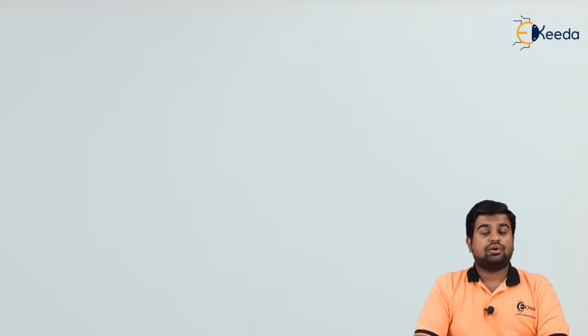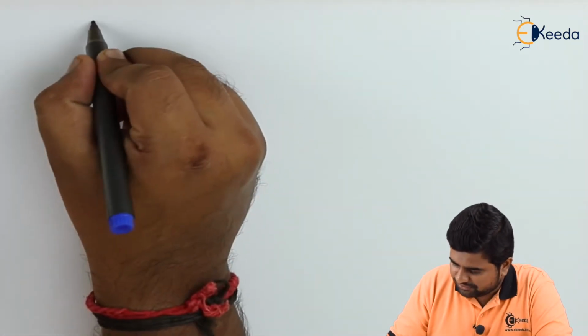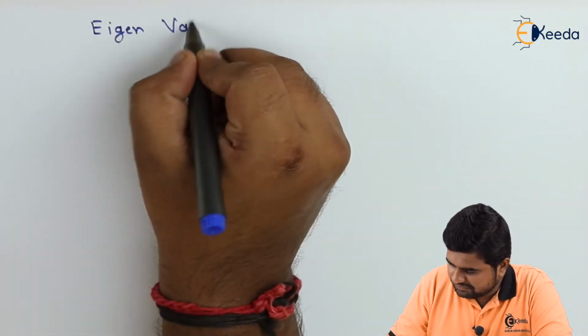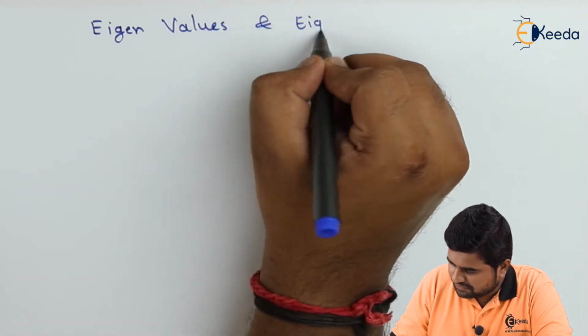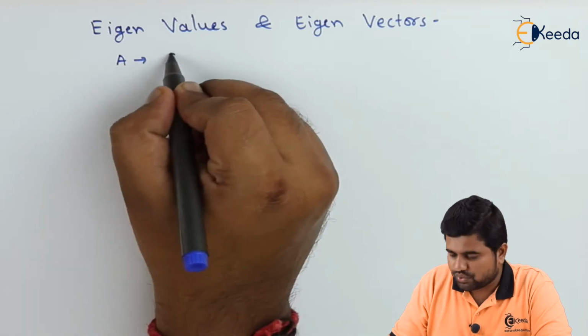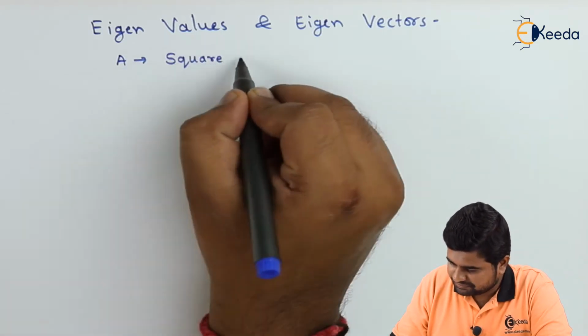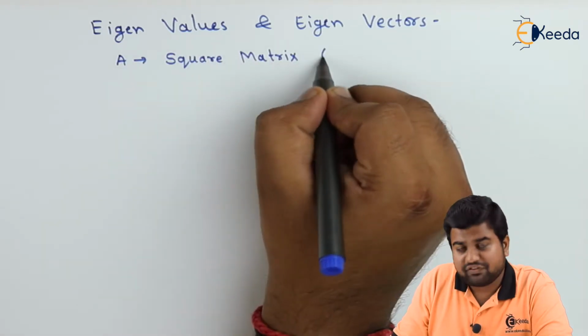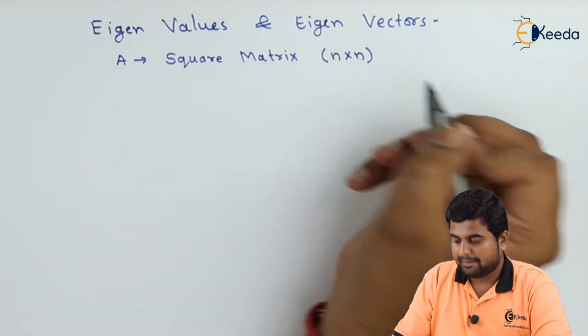In order to understand, let us get familiar with a few terms. Suppose we have A as a square matrix of any order n cross n.